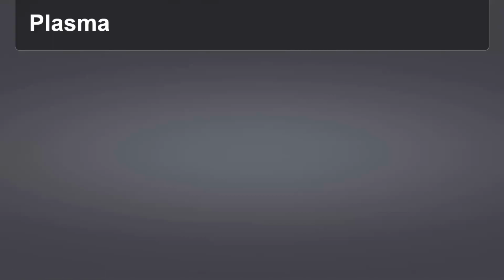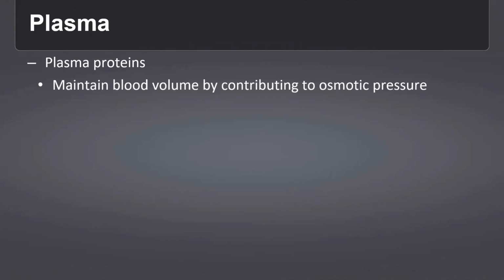Plasma. So plasma, as we know, is the liquid portion of blood. It's composed of little proteins called plasma proteins, which maintain your blood's volume by contributing to osmotic pressure. What that means is it relates to the water pressure of your blood.